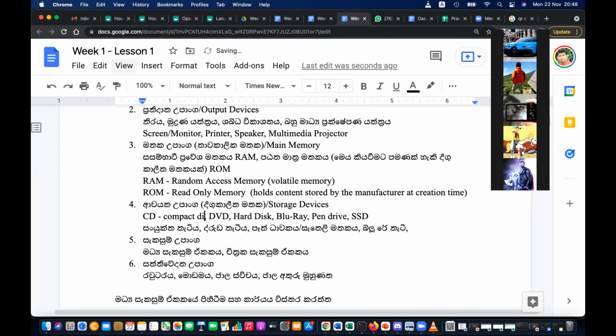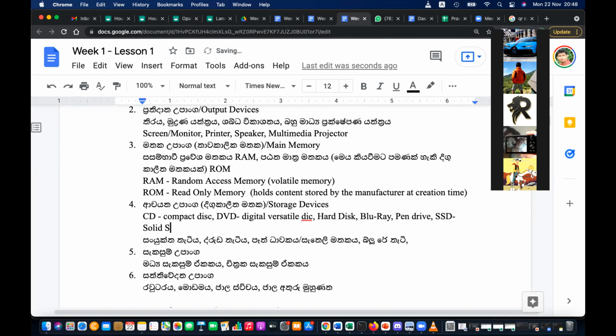And then DVD, digital versatile disk. So these are hard disk, Blu-ray disk. SSD means solid state drive. Solid state drive කියන්නේ ඒකේ කැරකෙන කොටස් නෑ පුතේ. So no moving parts.